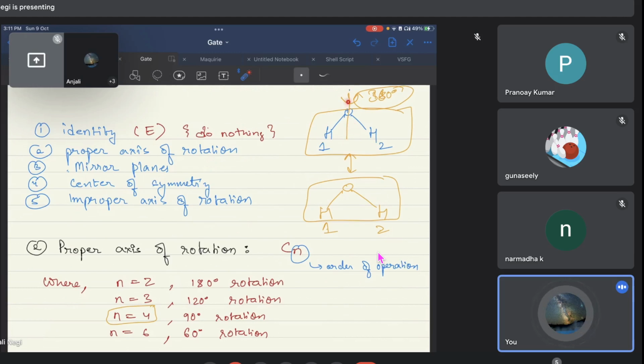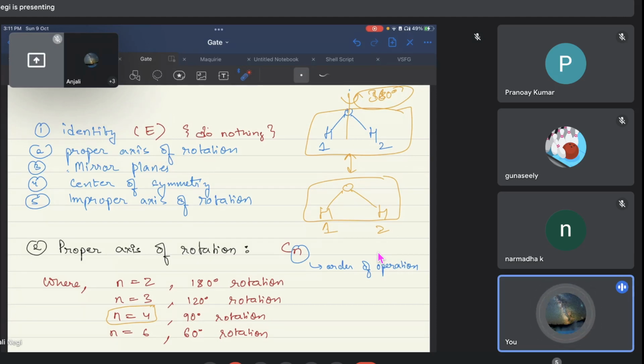If I do a rotation of 360 degrees about this axis, H1 will come back to its position after the rotation, and this rotation gives me nothing but the identical configuration. Hence, in a sense, I am doing nothing. This is what we call the identity symmetry element, and it is present in every single molecule, correct?